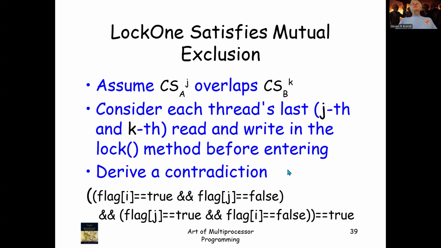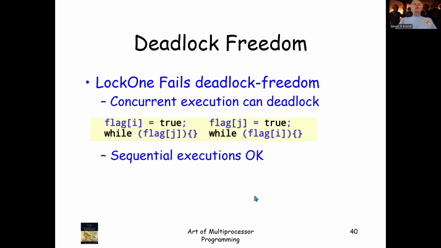We can see that it's going to satisfy mutual exclusion. If I raise my flag and I look for the other one and I don't see it, then I have the lock. So lock 1 fails deadlock freedom because a concurrent execution can deadlock, as you correctly identified. But sequential executions are okay.